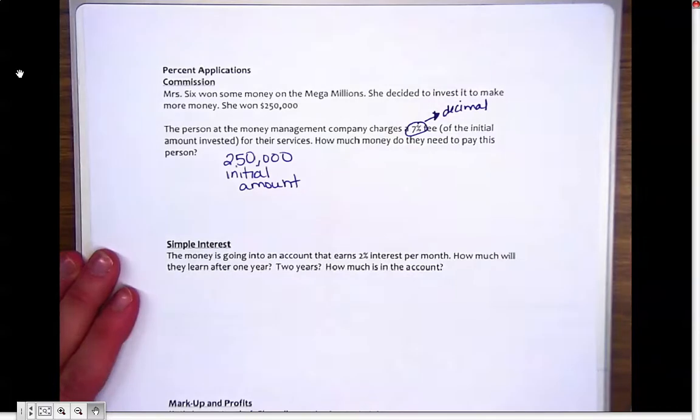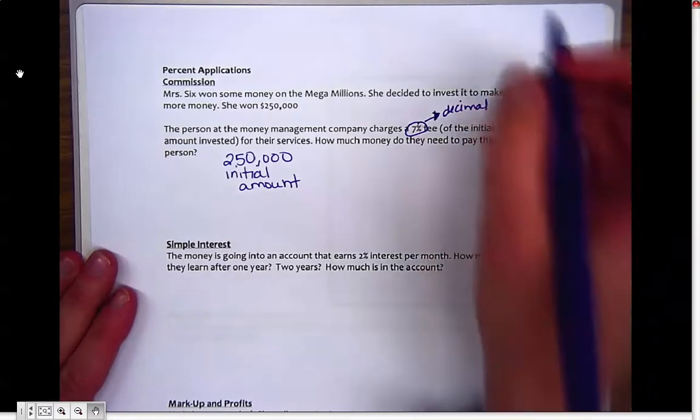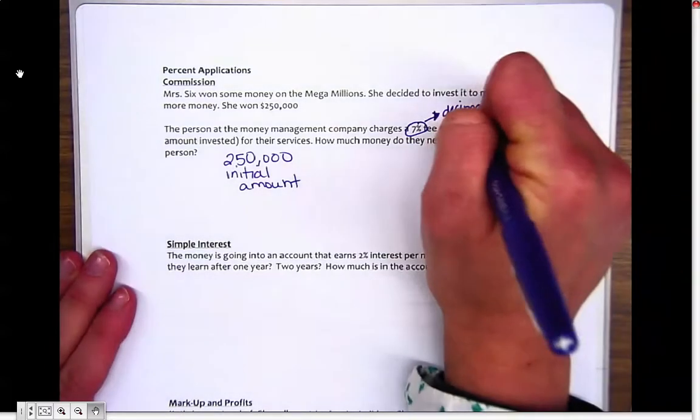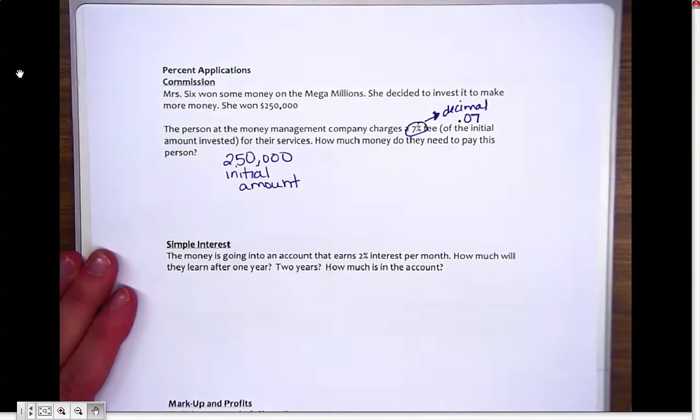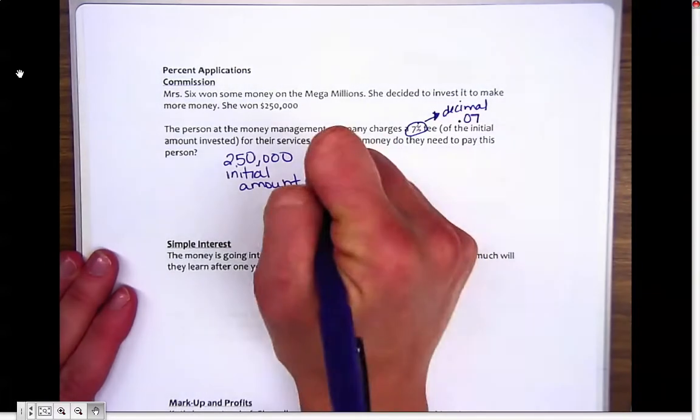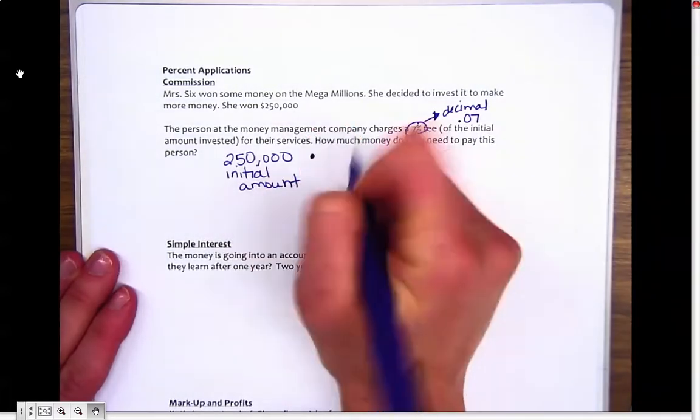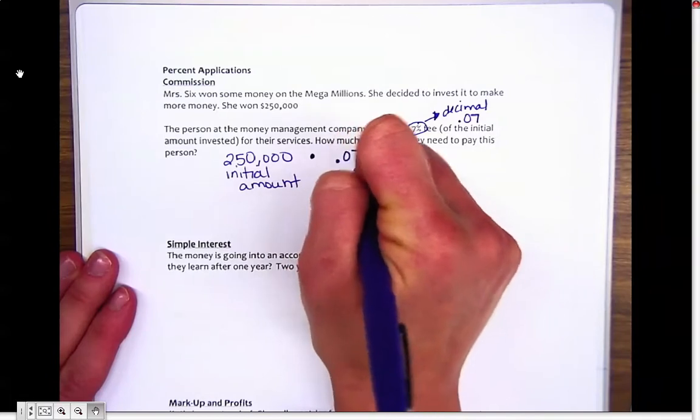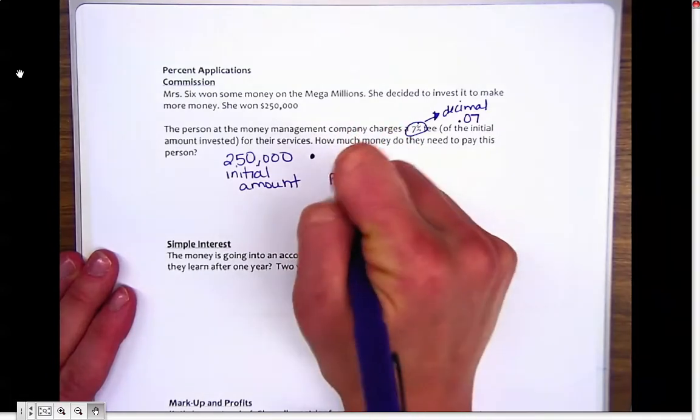What is the decimal form of 7%? Well, percents are out of 100, so that is going to be 7 hundredths or 0.07. We're going to multiply times our percent as a decimal.